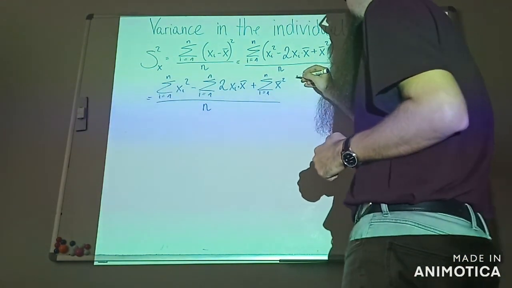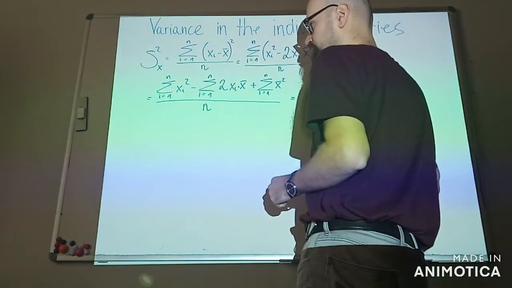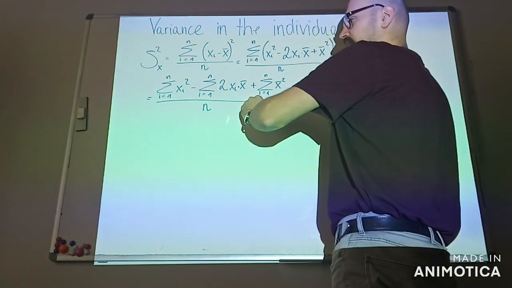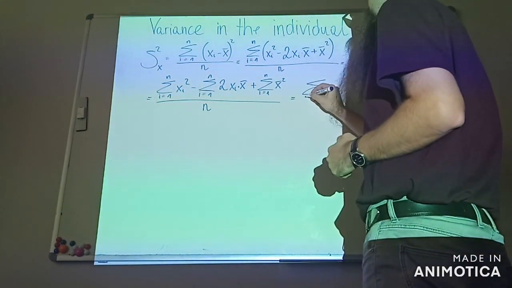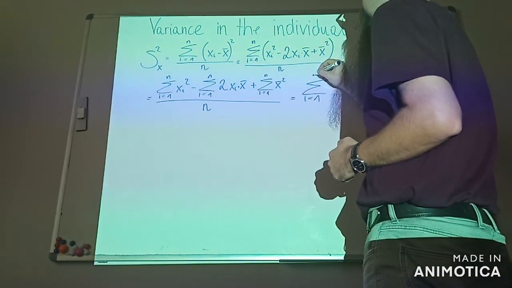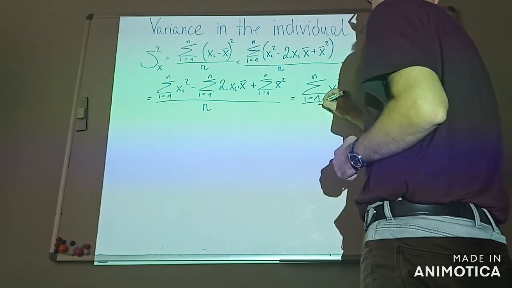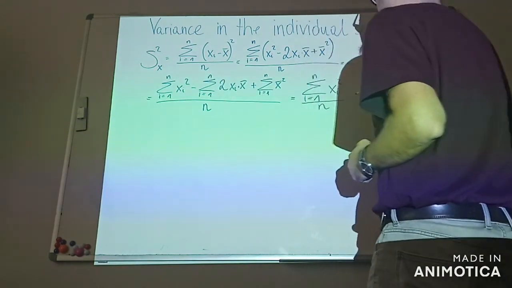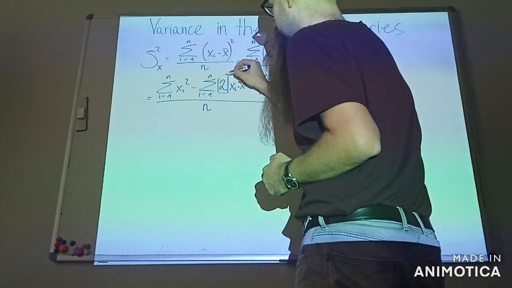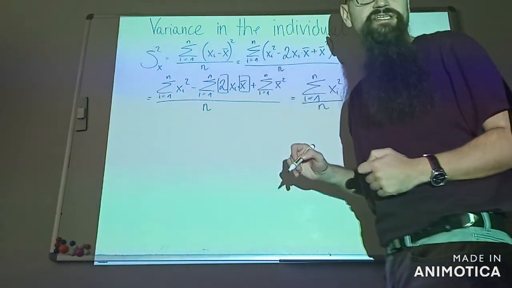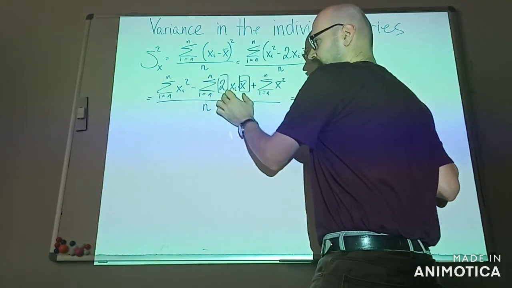Okay, and we can divide the sums by n. First we have the sum from i equal 1 up to n of xi squared divided by n. Minus, here we have two constants, yes, two fixed values.